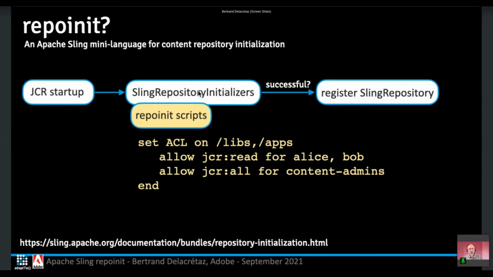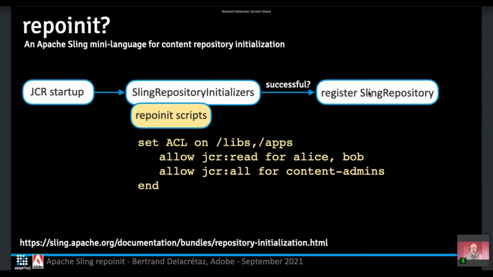And one of them is the Repoinit, which executes these Repoinit scripts, similar to the one you see here. And only if this is successful, then the Sling repository service is registered and made available to the rest of Sling. The idea is that you want to make sure that some of these initializations happen before you expose the repository to others, to your application or even to Sling.